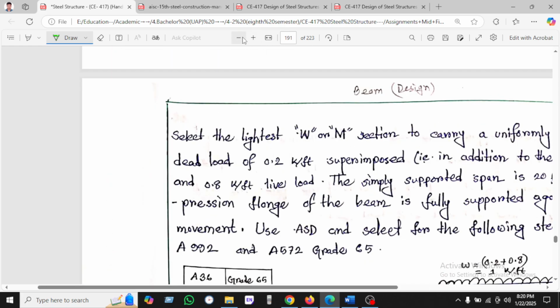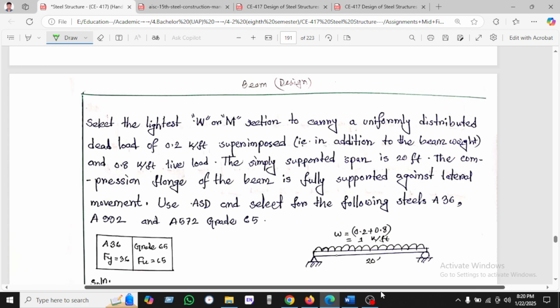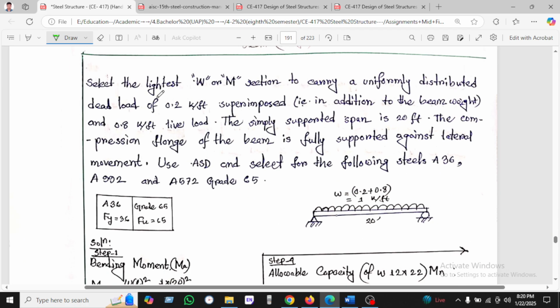Now we are going to design the flexural member, which is the beam. This is our first example, so let's read the question first. Select the lightest W or M section to carry a uniformly distributed dead load of 0.2 kip per foot and a superimposed load in addition to the beam's own weight, and 0.8 kip per foot live load.